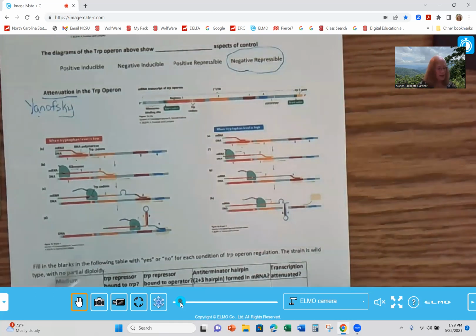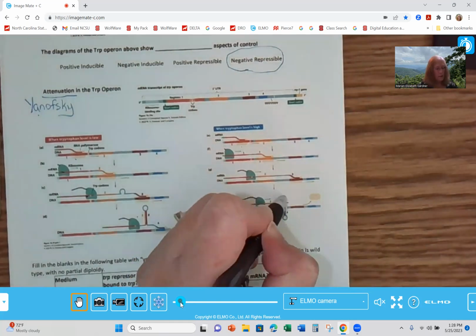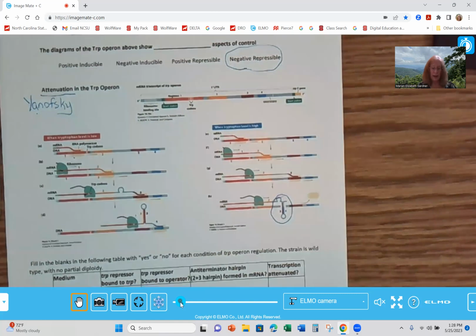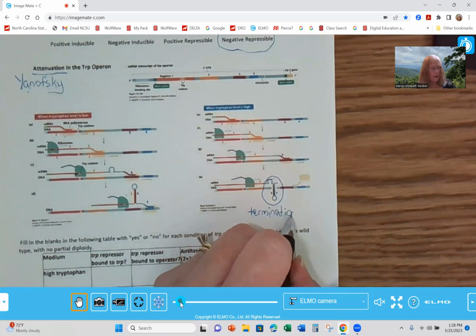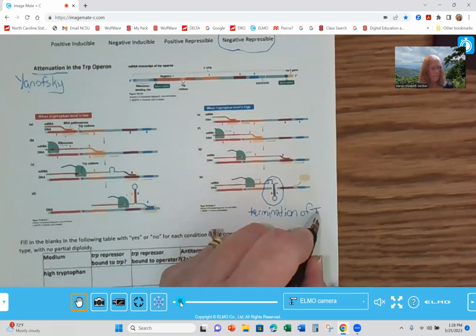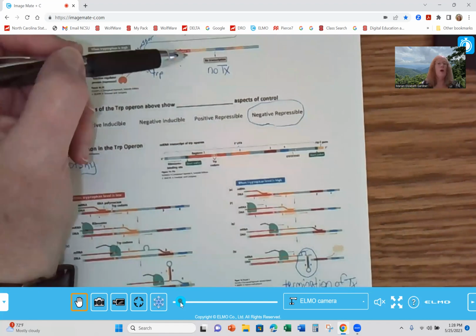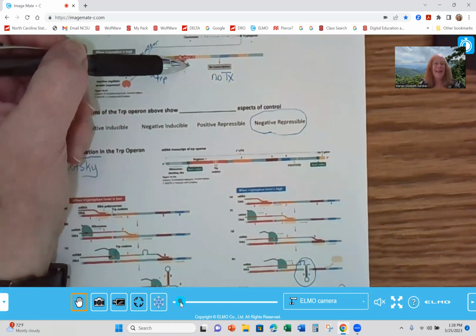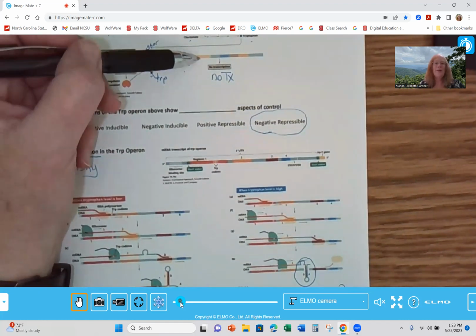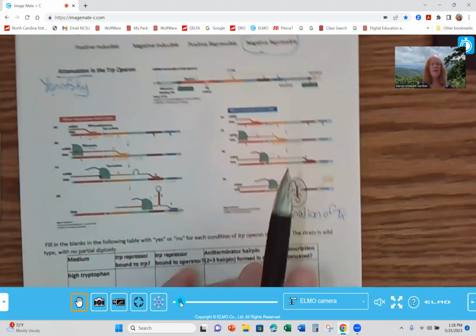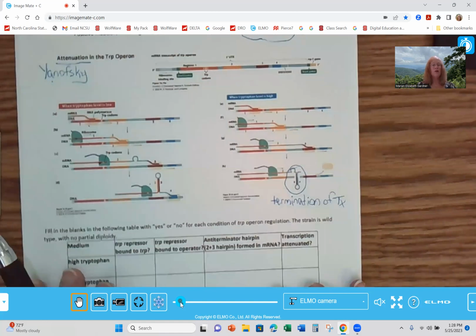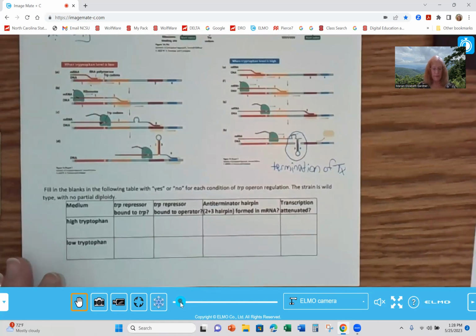And when that happens, the sequence of the RNA forms this termination hairpin. And that causes termination of transcription in situations where we shouldn't have transcription anyway. But somehow this is a situation where RNA polymerase managed to jump over and got in here. So think of this as an extra control on transcription.